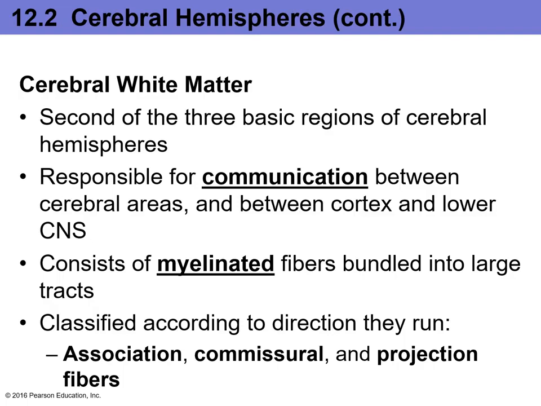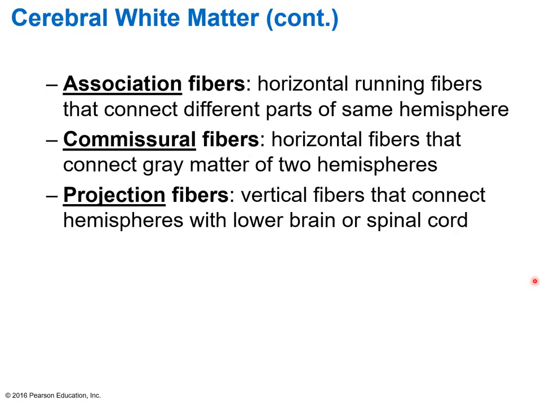Those fibers, the axons, are going to be classified according to the direction in which they run. Where are they starting? Where are they ending? They're going to be classified as one of three types: association, commissure, or projection fibers. The association fibers are oriented in such a way that they're running horizontally.